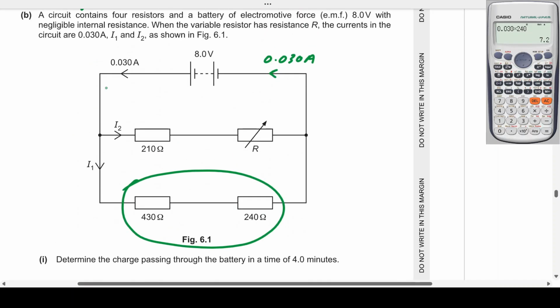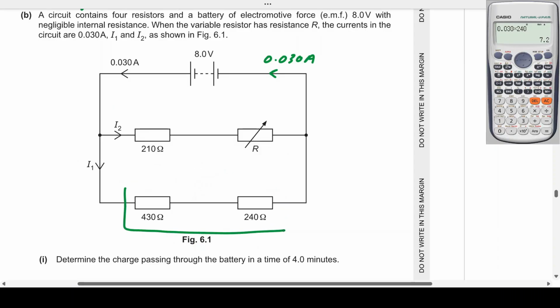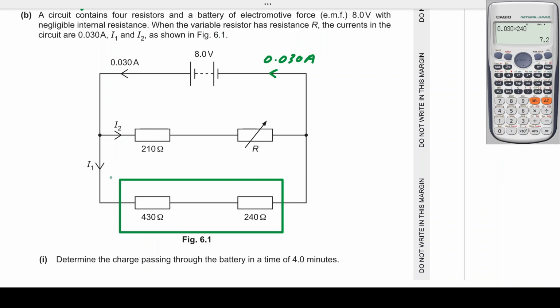But the question is, how many volts would be there across these ones collectively? How many volts would be given to these two resistors collectively? The answer is 8 volts.